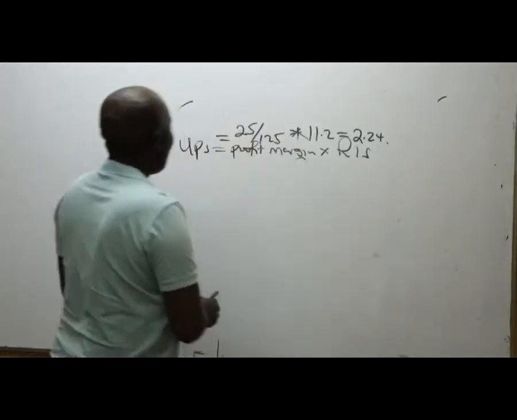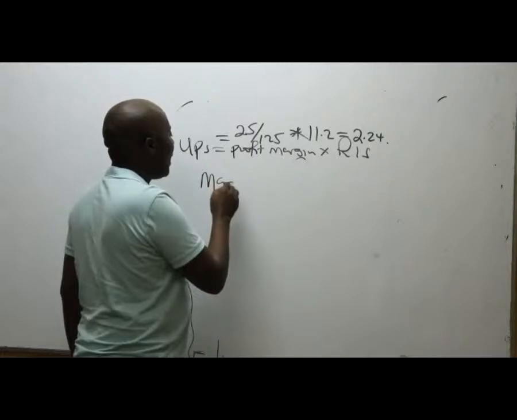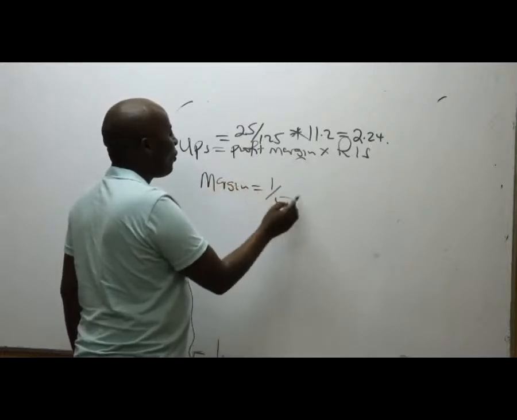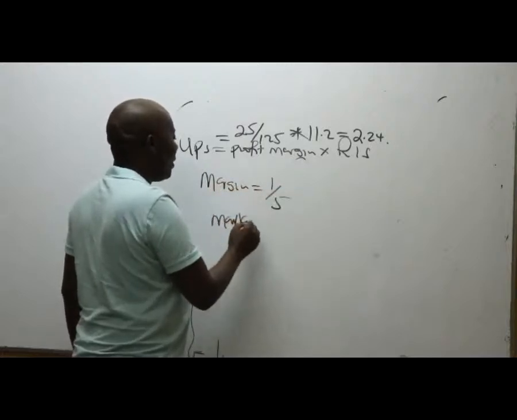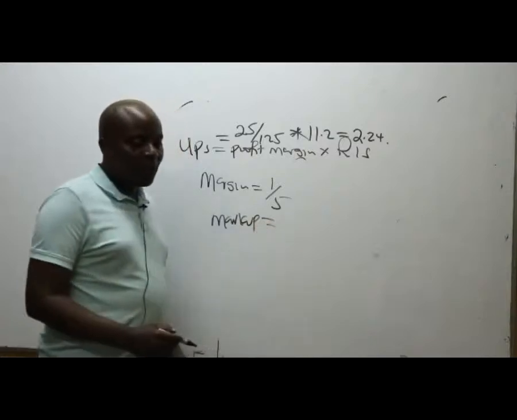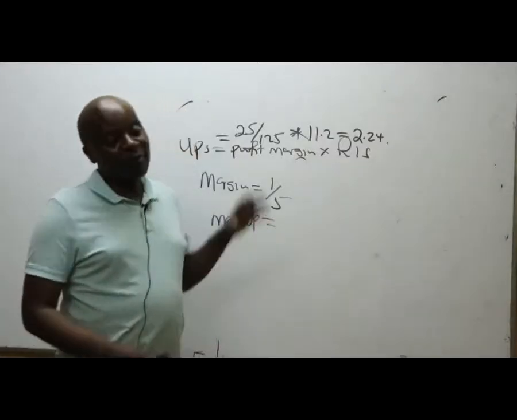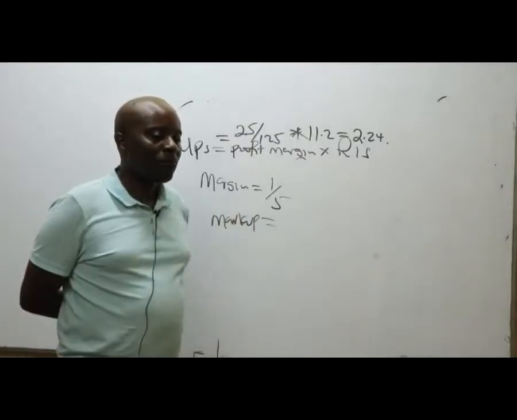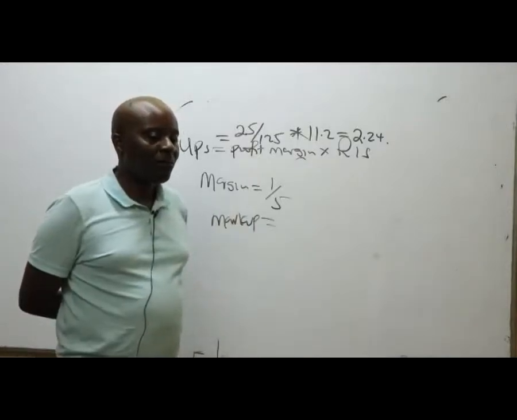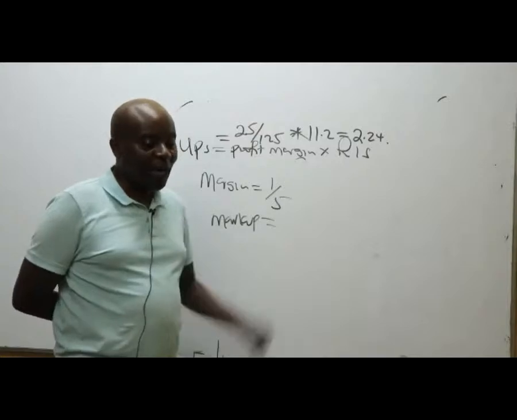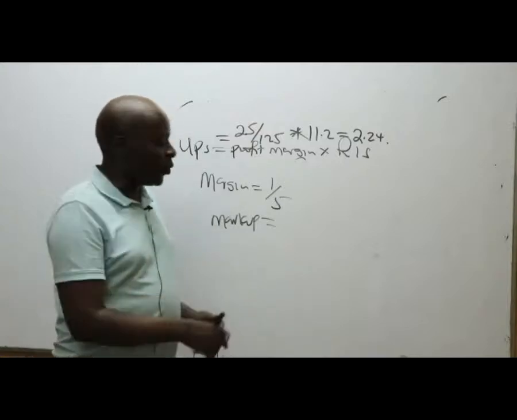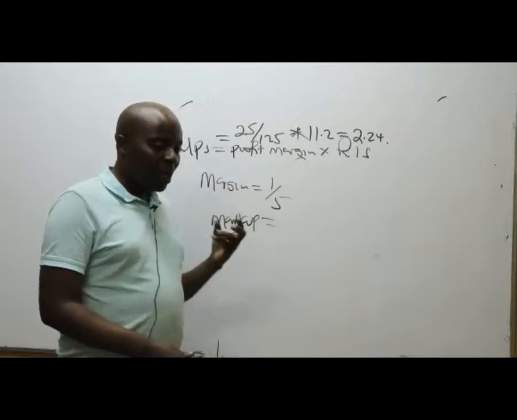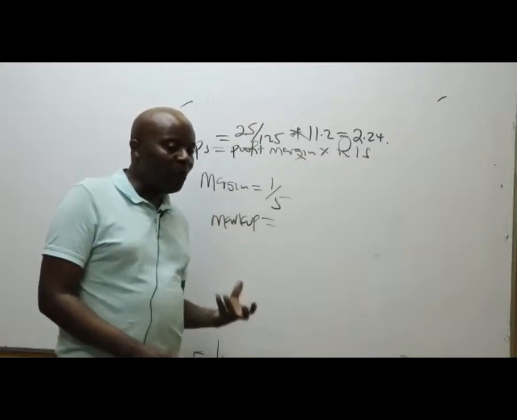Ladies and gentlemen, if, for example, you are given a margin of 1 over 5, what will be the markup? If margin is 1 over 5, markup will be 1 over 4, yes, because markup has a lower denominator.